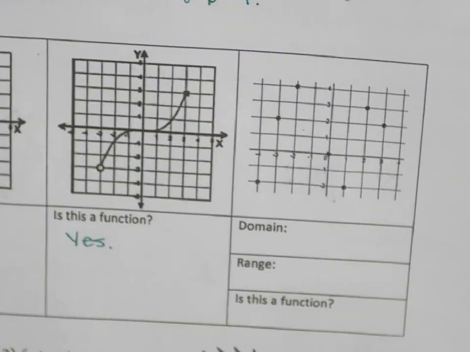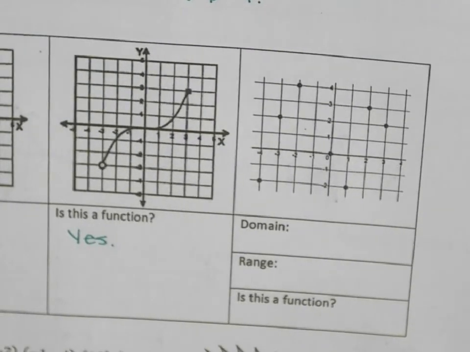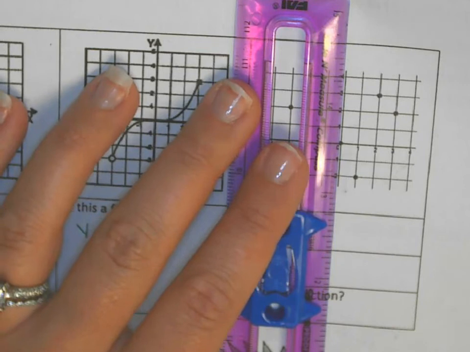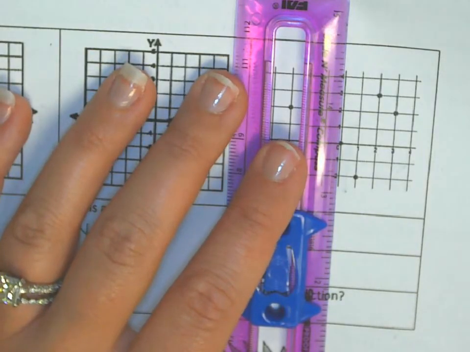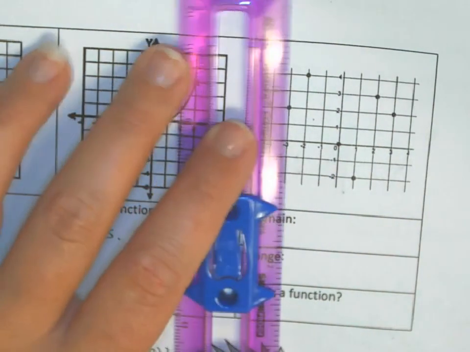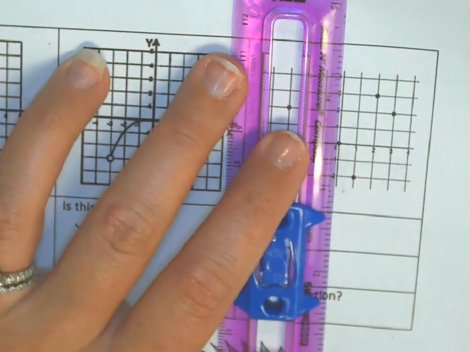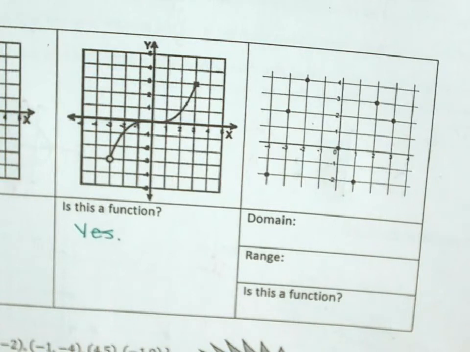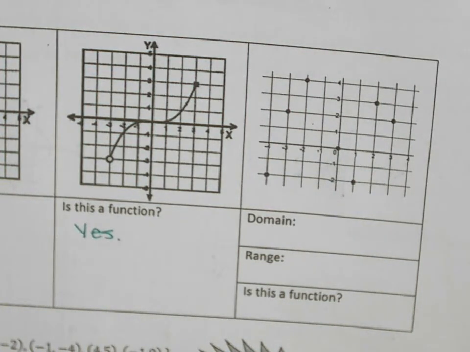How about this one here with the points on it? Yeah, but look, it passes the vertical line test. Passes, passes, pass, pass, pass, pass. So is this a function? Yes.